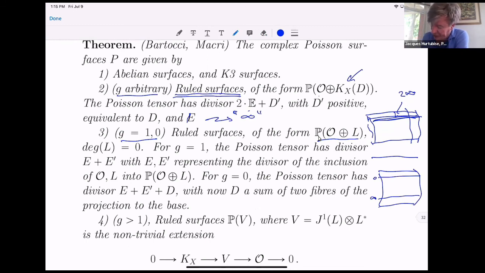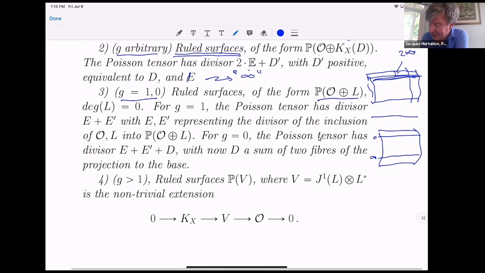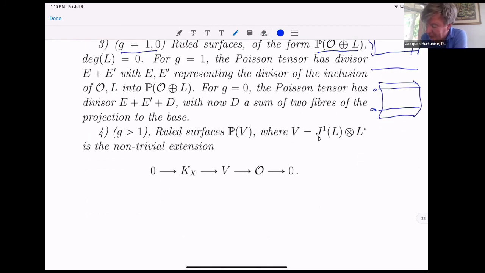And then for g equals 0, there's some extra thing. And then there's this sort of fourth rogue case, which is that you can build the non-trivial extension like this, which will be essentially the one-jet sequence of a line bundle. So the one-jet of a line bundle tensored with its dual.